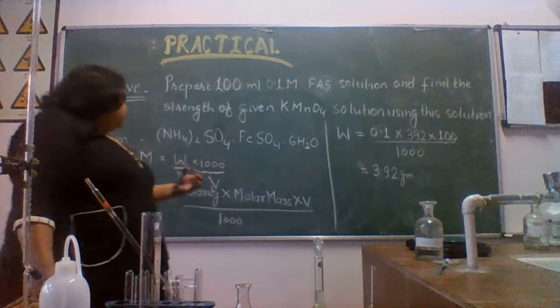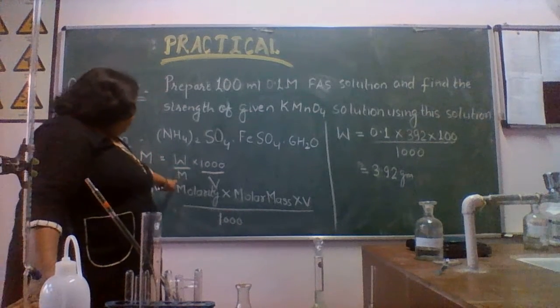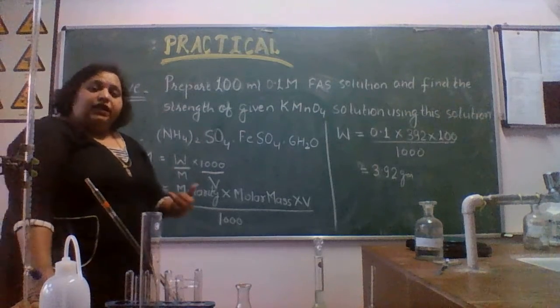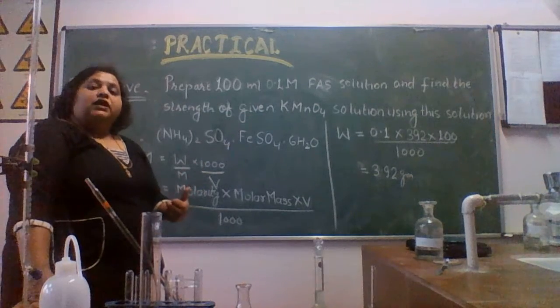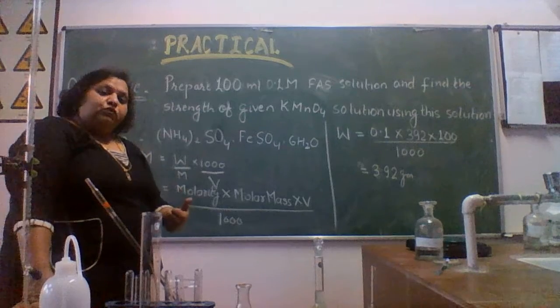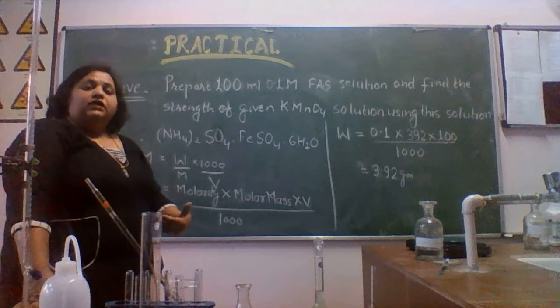The first formula is used for calculating the required amount, the formula of molarity, and the second formula, for mutual concentration, is the dilution formula, M1V1 = M2V2, that we will use in the second part of the experiment, right?